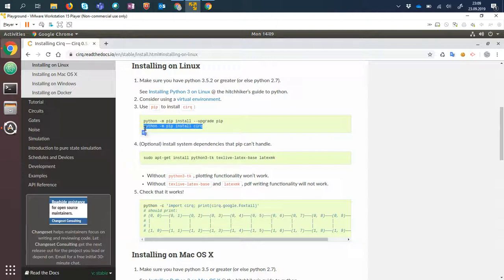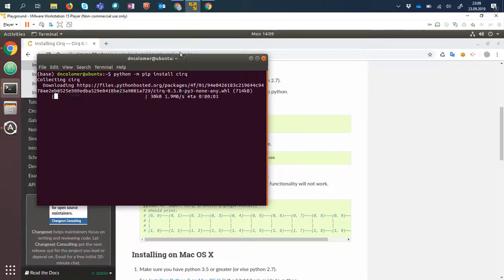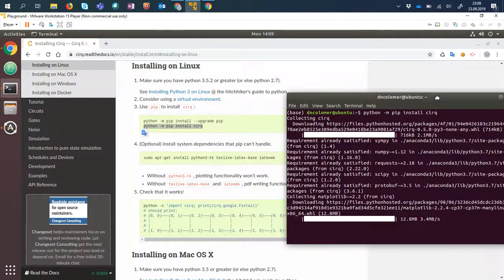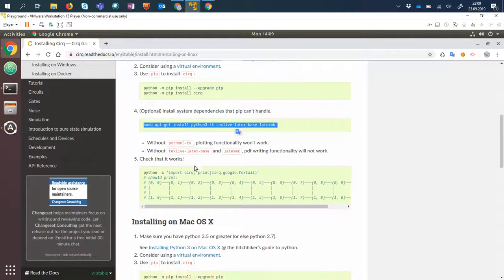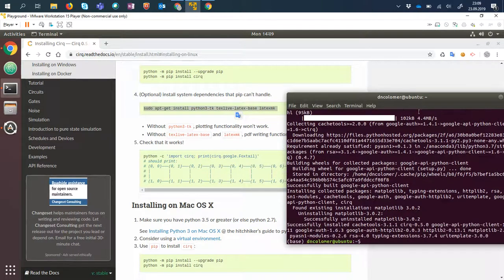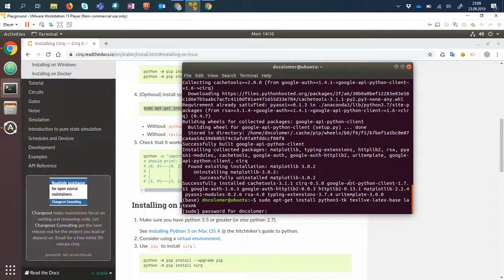So let's see if that works. There's some optional stuff, I guess this is for PDF writing and plotting functionality. Maybe it will be useful. Let's give it a try.